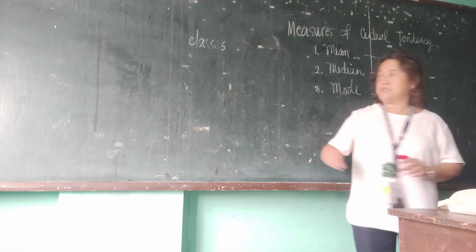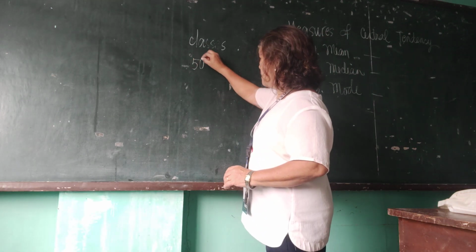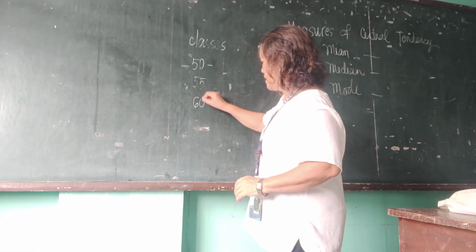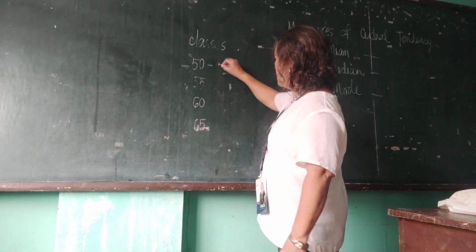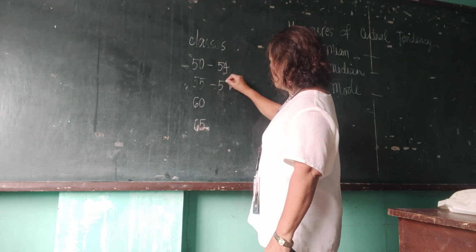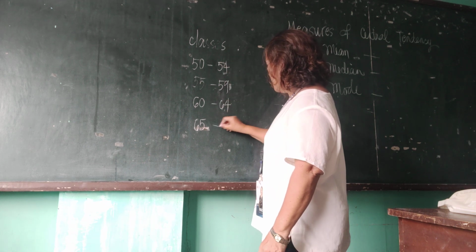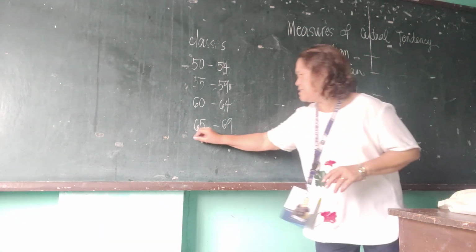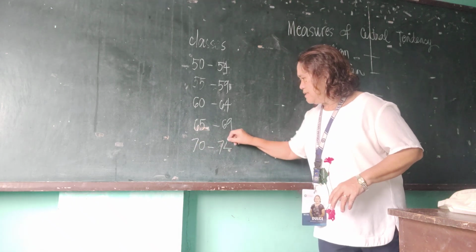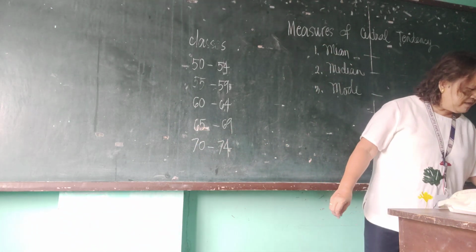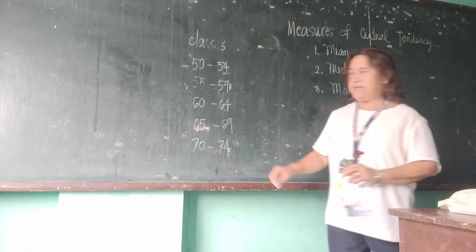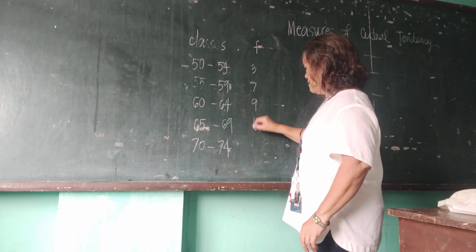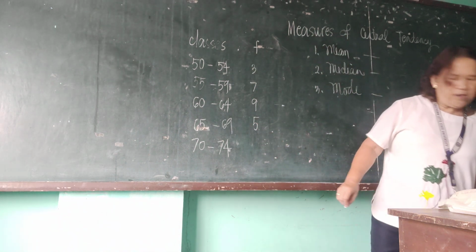Okay, so we have the classes, and then the frequency we have 3, 7, 9, 5, and then 1.